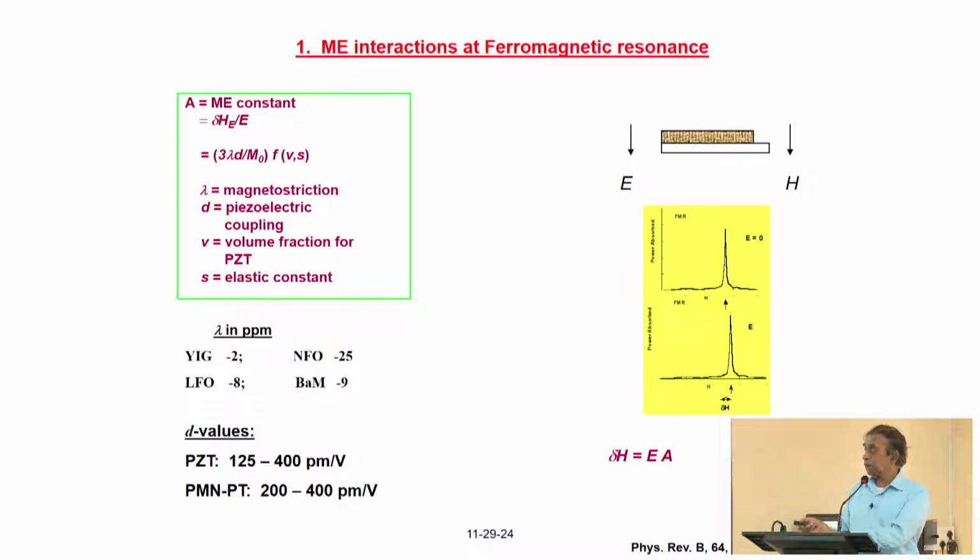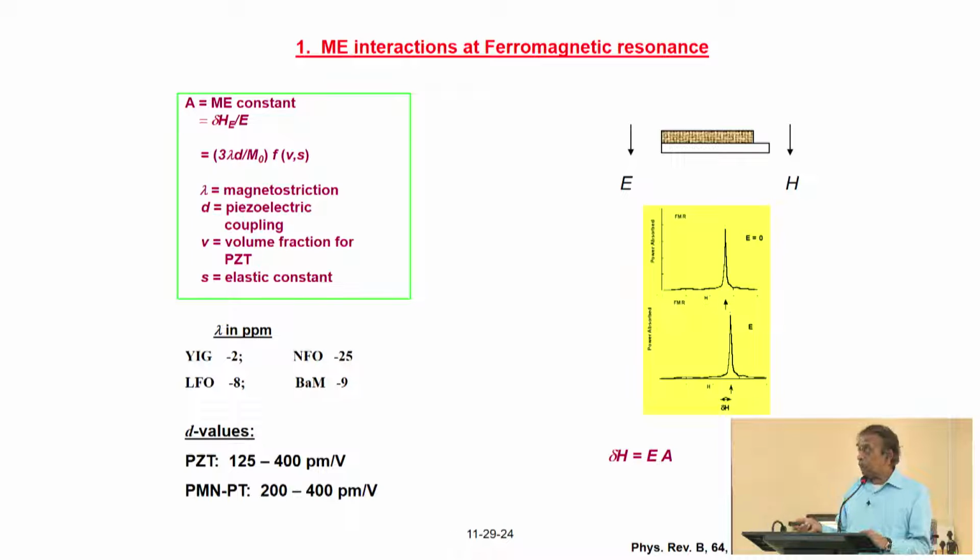So, instead of using YIG at frequencies more than 12 gigahertz, what we prefer is either nickel ferrite or lithium ferrite. They are good up to 20 gigahertz. Then one can use hexagonal ferrite for 20 to 50 gigahertz, Y type or Z type and so on.